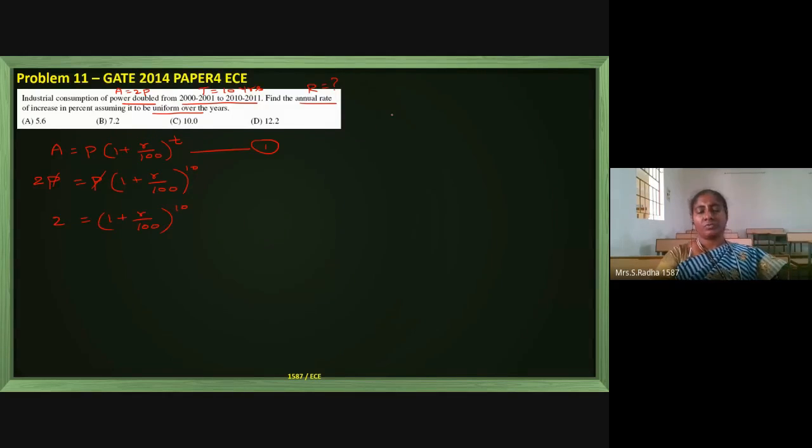Okay. So if you have A equal to b power x, you can write it as log A base b equal to x. Similarly, the equation here, what you can do is log 2 base 1 plus r by 100 equal to 10.